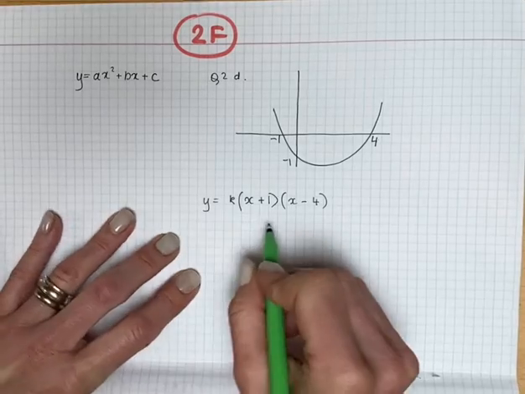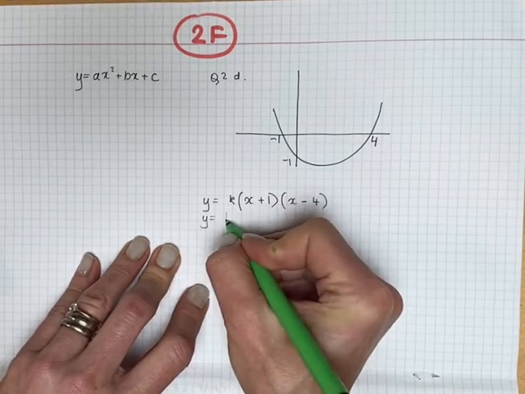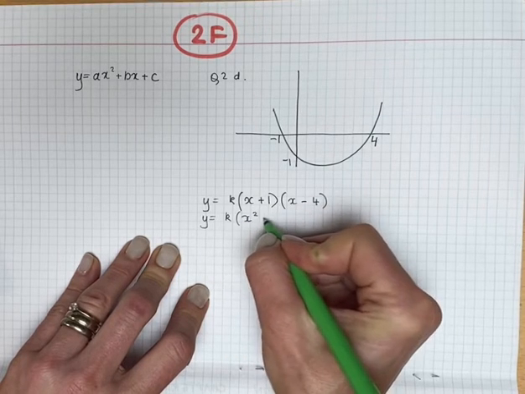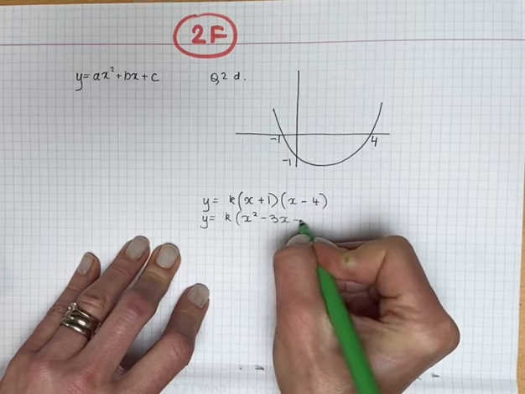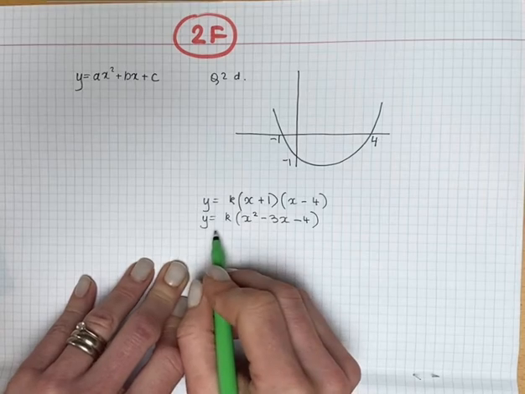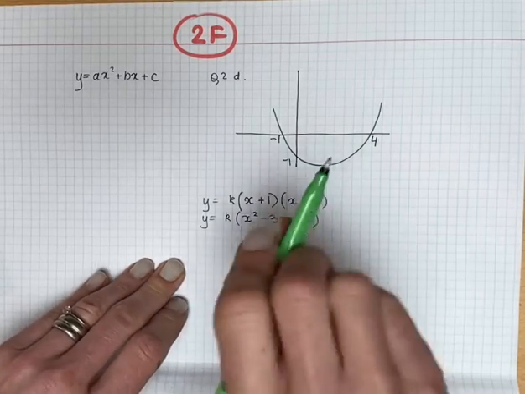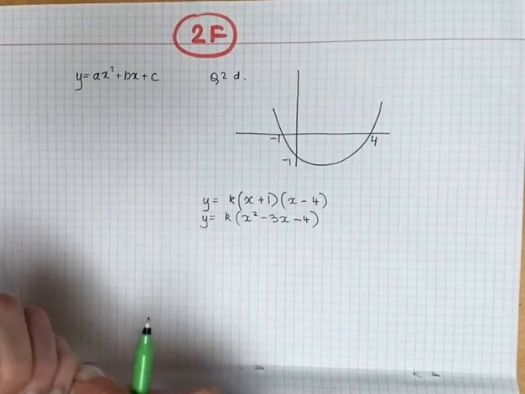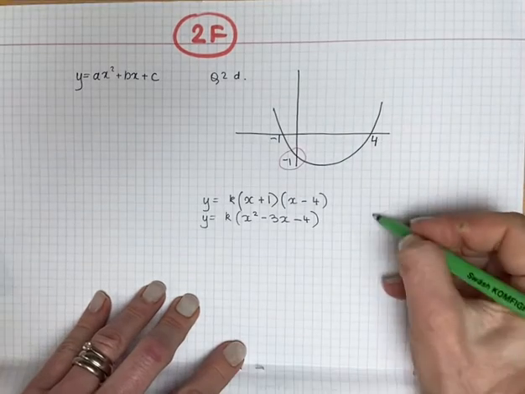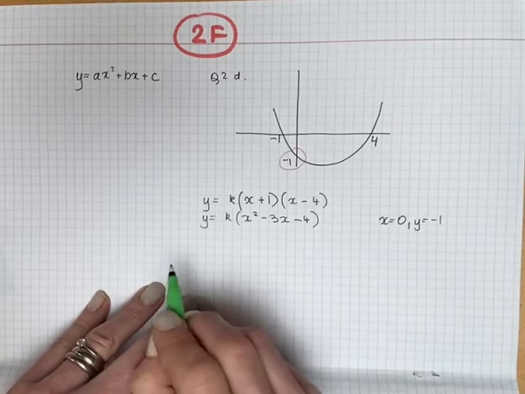Once I've got that, I could just expand it. The two brackets expand to x squared minus 3x minus 4. You can incorporate k or leave it like this, but use the other piece of information that has not been used yet, which is that the graph goes through x equals 0, y equals -1, the y-intercept.